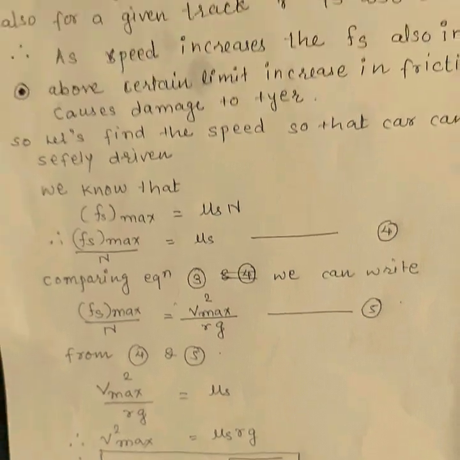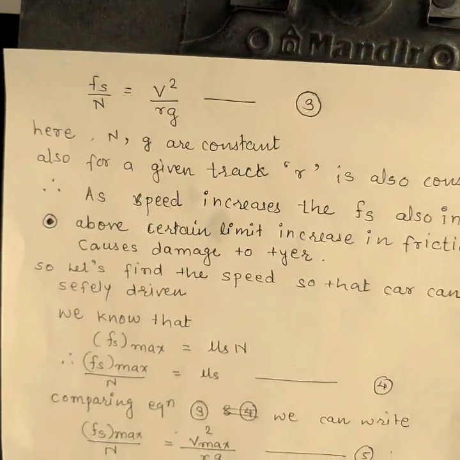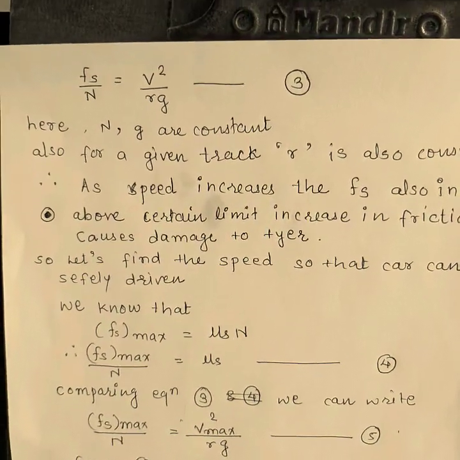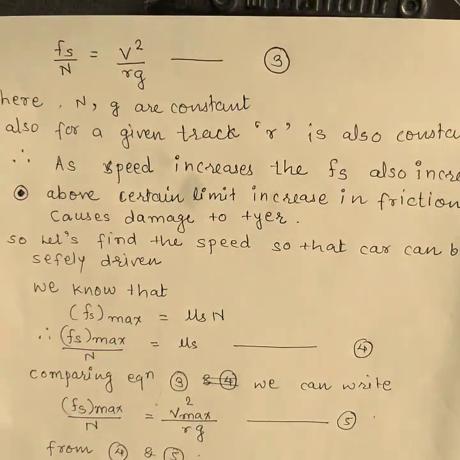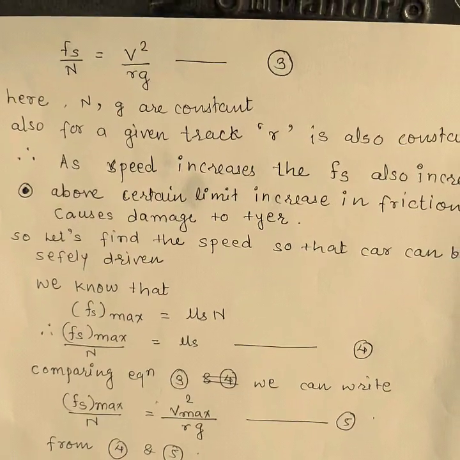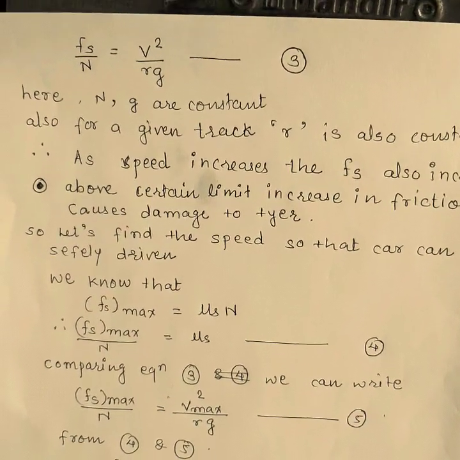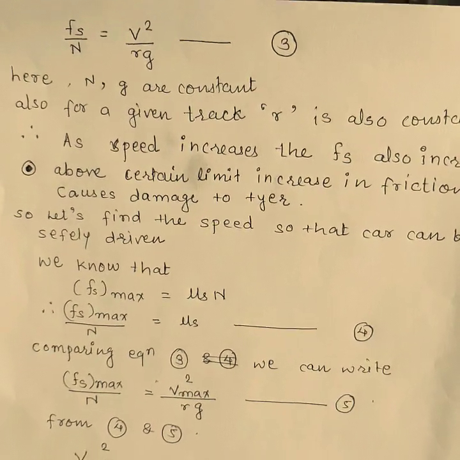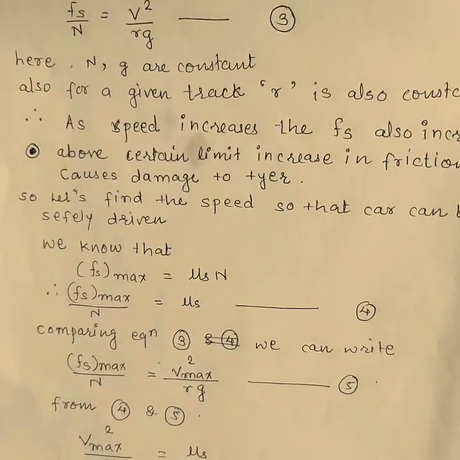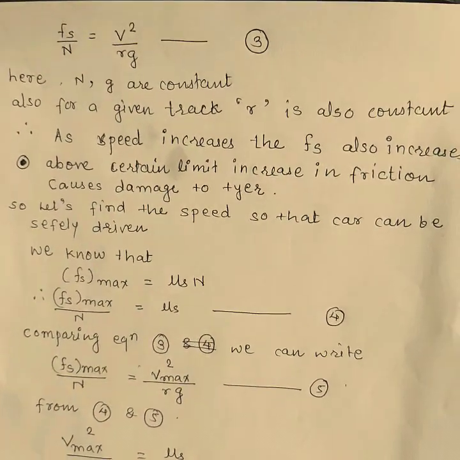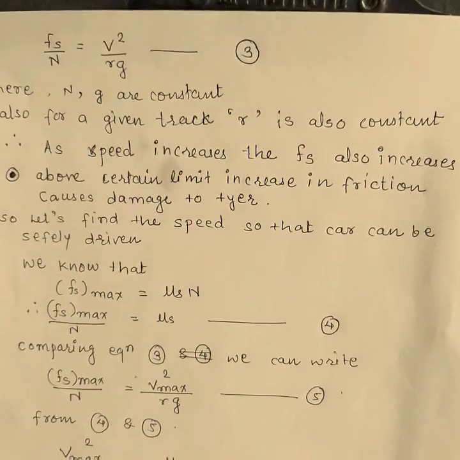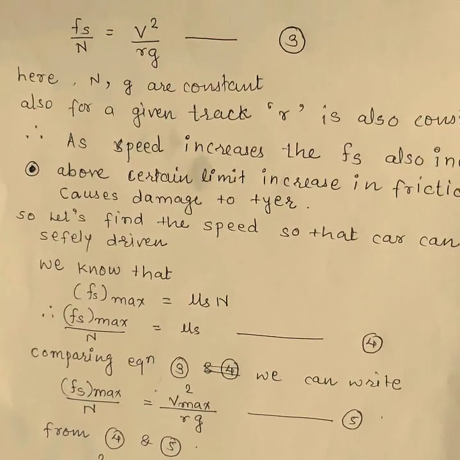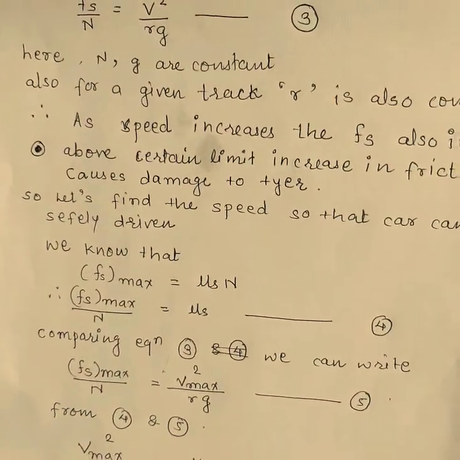So what is our equation number 3? Fs upon N is equal to v square upon rg. Now in this equation, N is the normal reaction which is constant, g is the gravitational constant, and also for a given circular track r is constant. Therefore, we can say that frictional force is proportional to the speed.